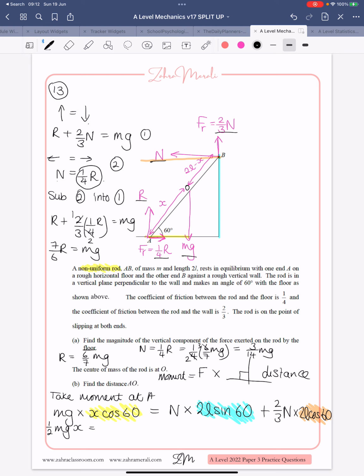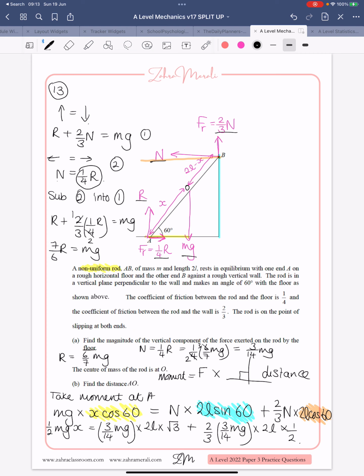Okay, so 1/2 mgx equals N, which is our 3/14 mg, times 2L times sine 60, which is √3, plus 2/3 N, and N is again 3/14 mg, times 2L times cos 60. Yeah, so we've got our cos 60, which is 1/2.